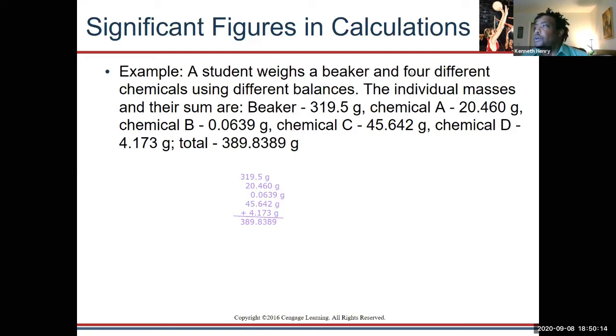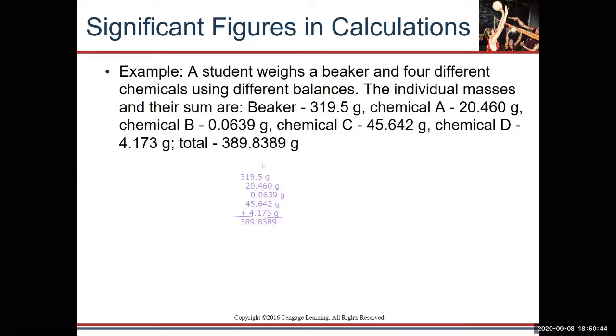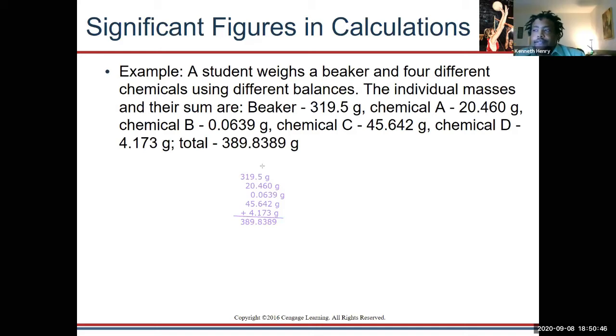Okay, so where would our lines be? For the first number? After the 5.